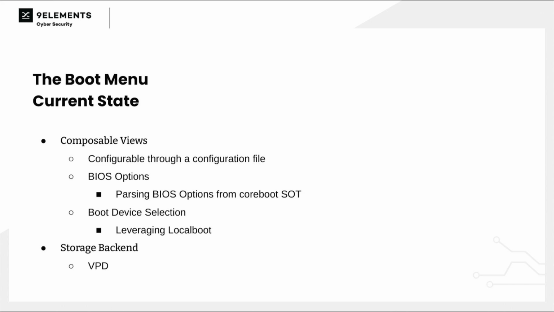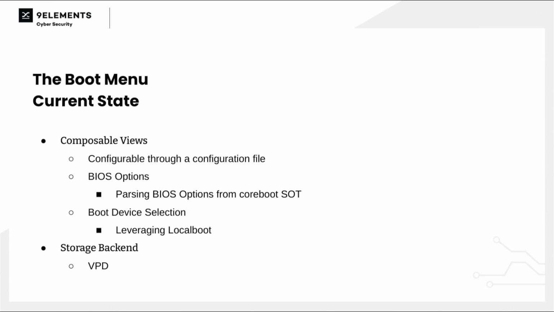That means the BIOS options are essentially the stuff that you want to be able to configure in your BIOS, like PCIe bifurcation maybe, right? Enable USB ports, and so on and so forth. That gets exposed through coreboot on what it is actually capable of configuring there, through these option tables, and we have a parser for that.